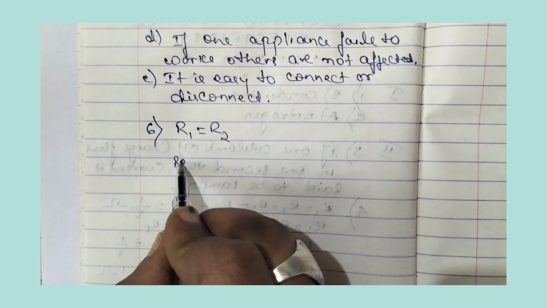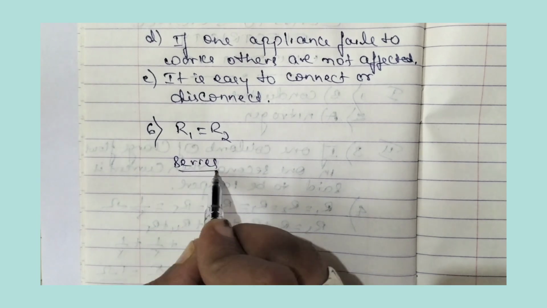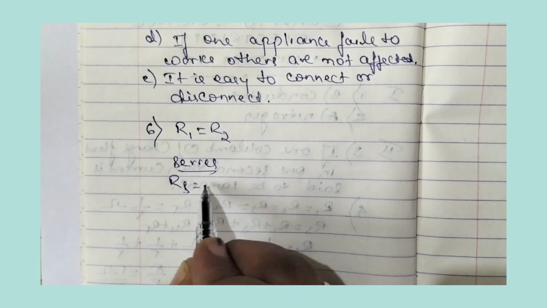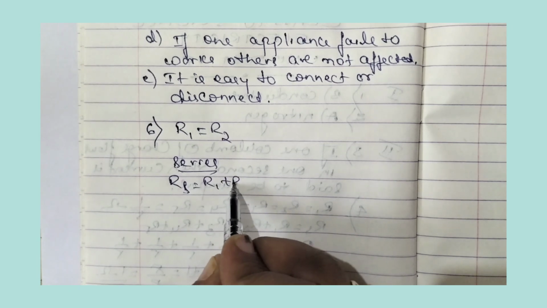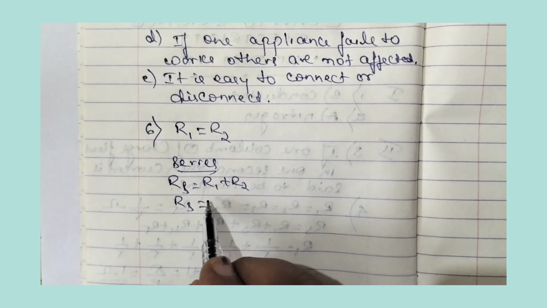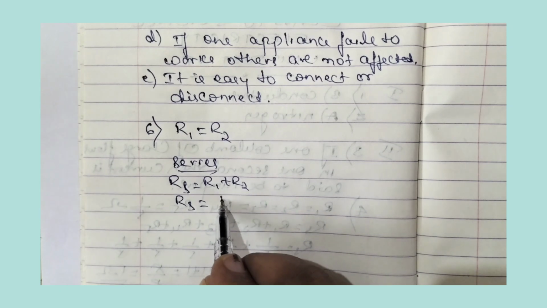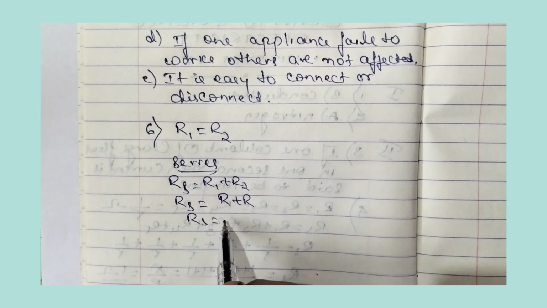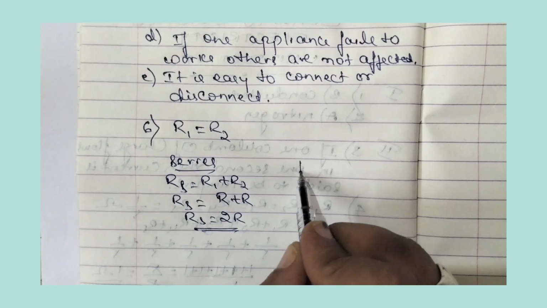So first in series. RS is equal to R1 plus R2, which becomes R plus R. So RS is equal to 2R. This is series.